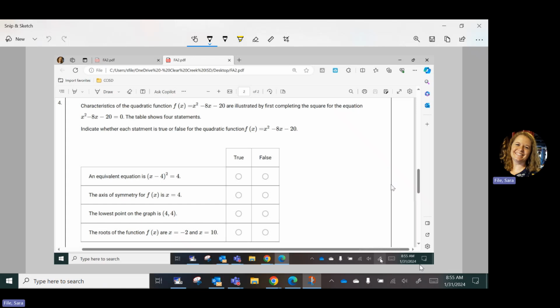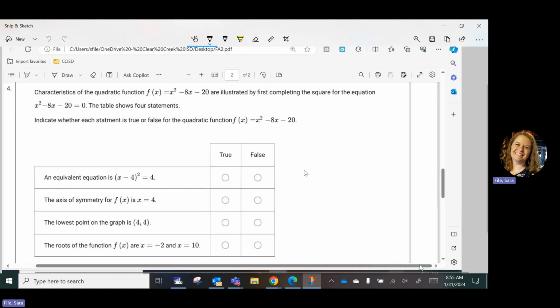Okay. And then there's a table that shows 4 statements. They want us to answer true or false. Now, I know it says by first completing the square, so I'm going to review the completing the square process, but I'm going to show you, you could answer all of these by graphing it too.